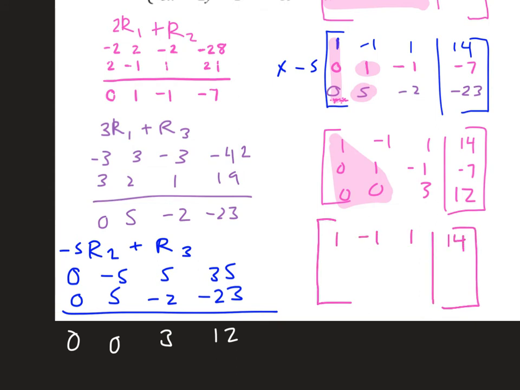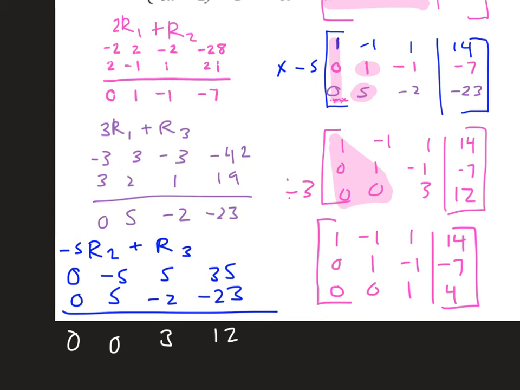Anybody? What do you think? Awesome. I want to divide the third row by 3. So when I divide the third row by 3, I have to make sure I divide the 3 by 3 and the 12 by 3. So 3 divided by 3 is 1. 12 divided by 3 is 4.